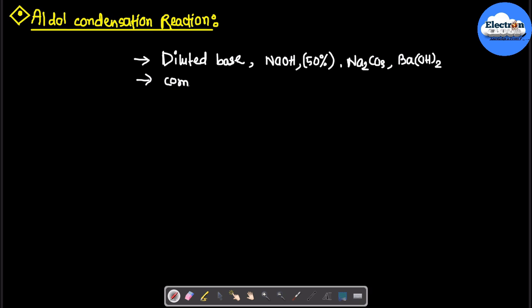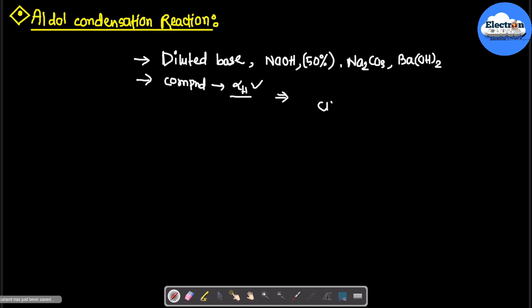a compound having an alpha hydrogen atom, that is, an alpha hydrogen containing compound. Now how is it determined whether any aldehyde or ketone contains alpha hydrogen or not?